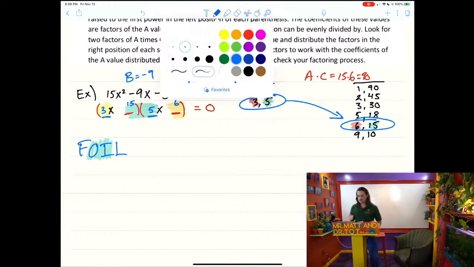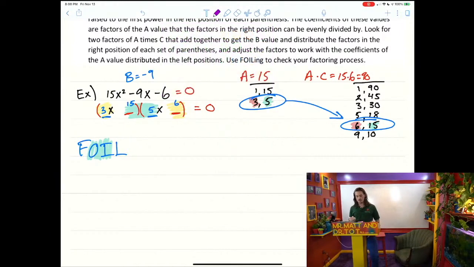Then, in order to make sure that this works when we FOIL, because we have this extra coefficient now, the coefficients of x are not 1 any longer. Therefore, we have to adjust these values that we just inserted, 15 and 6. We need to adjust them by the value that they're going to be increased by.